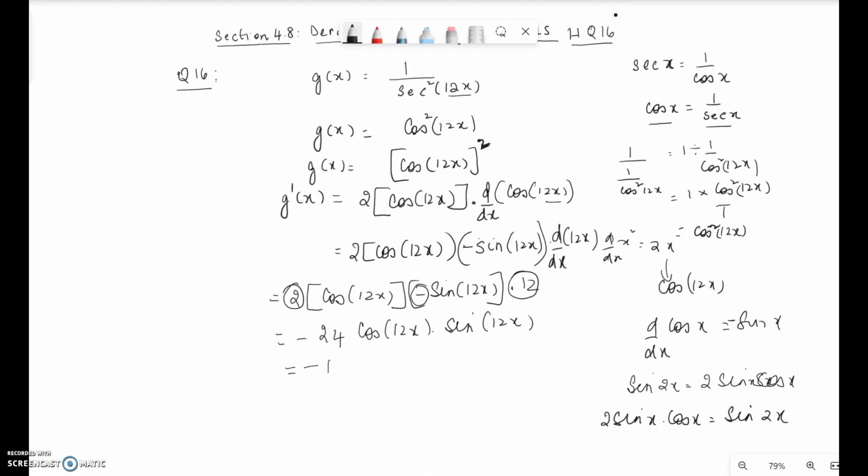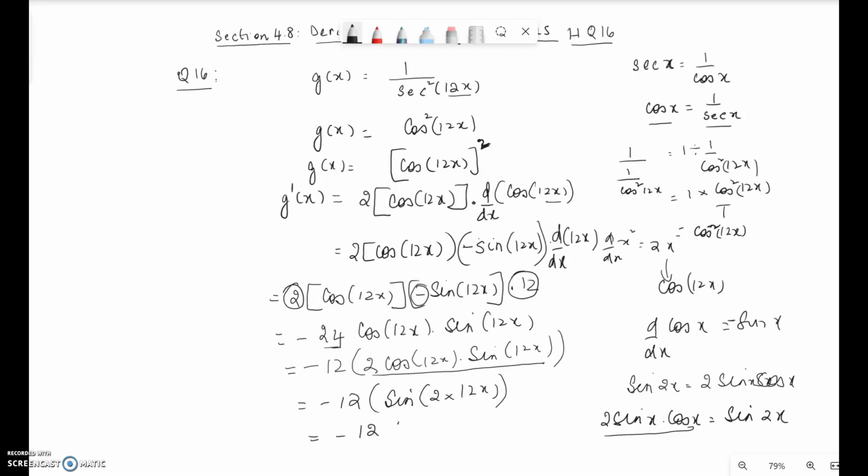So negative 12 times 2, 12 times 2 is 24, that's where the 2 comes from, cosine of 12x times sine of 12x. Notice it looks like this, same pattern, and that is equal to negative 12 times sine of 2 times 12x.